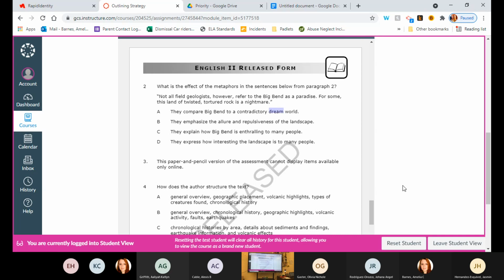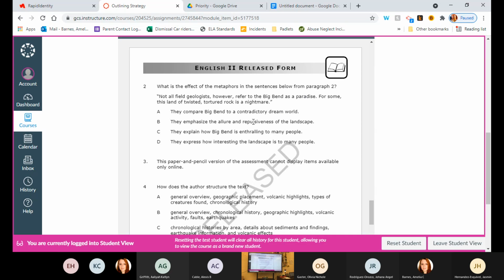Because this word dream here, I think that's what's giving me pause. I don't think I would eliminate this one right away. I don't know if it's the answer, but I know that it's similar enough to the statement that I don't want to delete it yet. So I'm going to leave A.